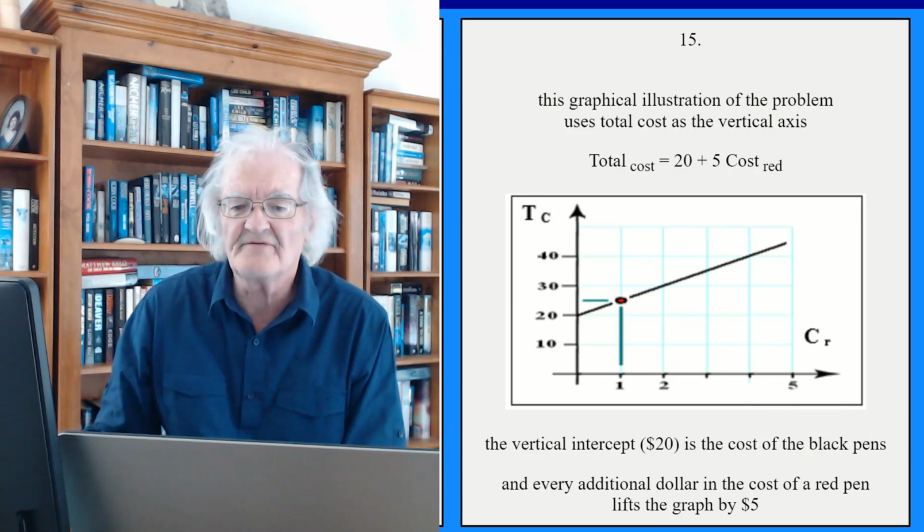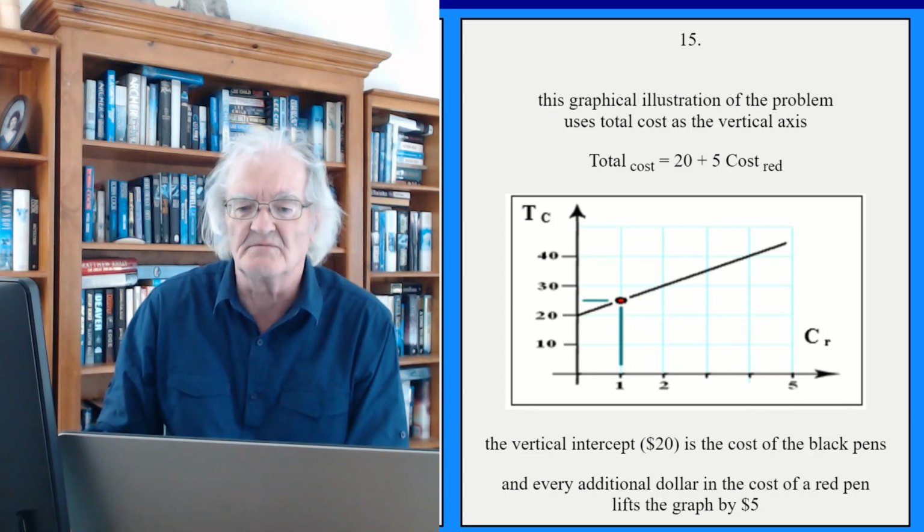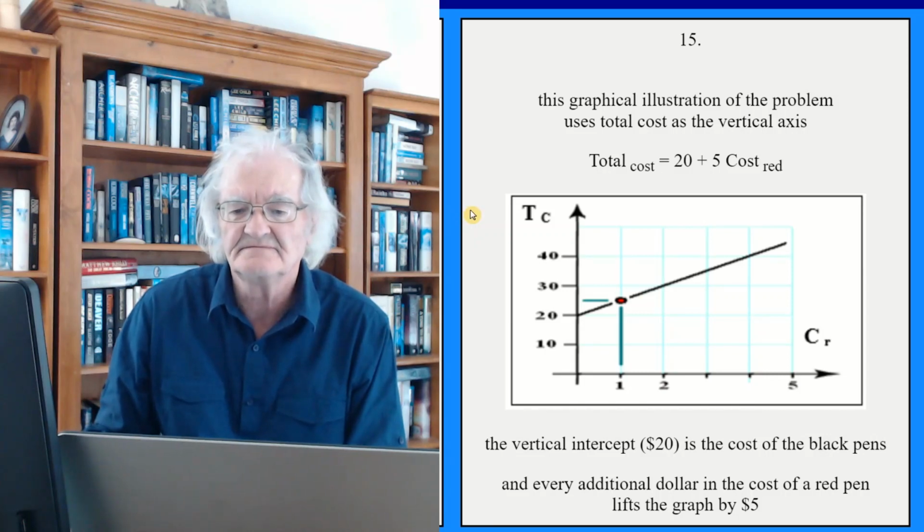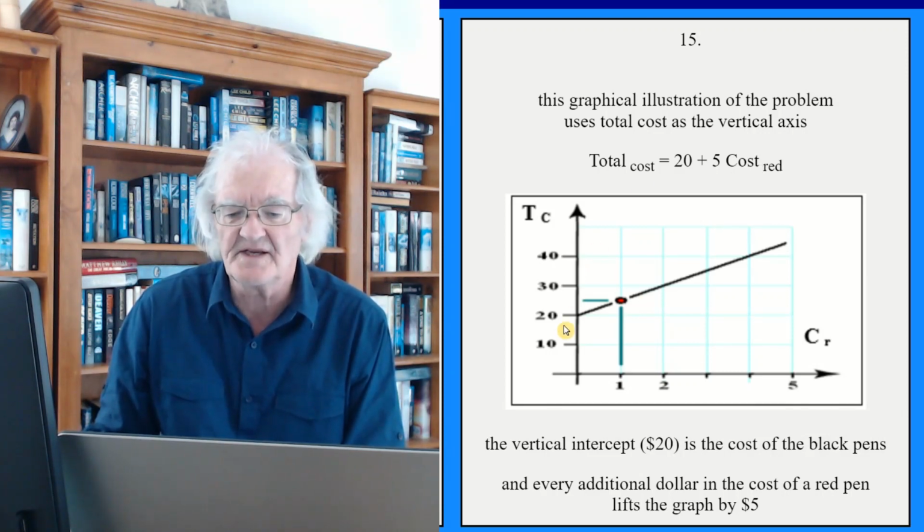So this graph illustrates the problem. It uses total cost as the vertical axis. The total cost is 20 plus 5 times whatever a red pen costs. The vertical intercept, $20, is the cost of the black pens.